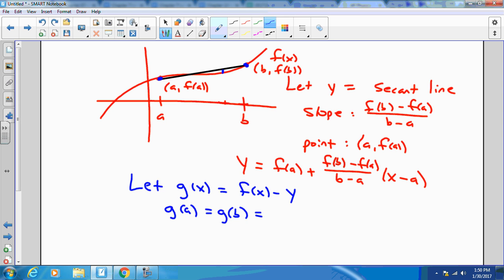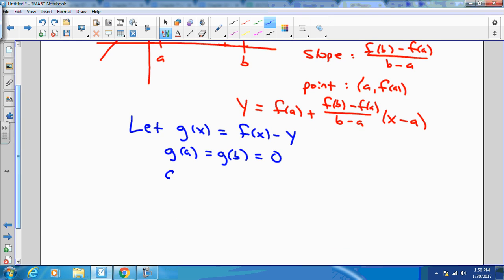They are both 0, because g is the difference between f of x and y. And since the secant line intersects the curve at a and b, the difference between them is 0. So that's the first point that I want you to observe, that g of a and g of b are both 0.